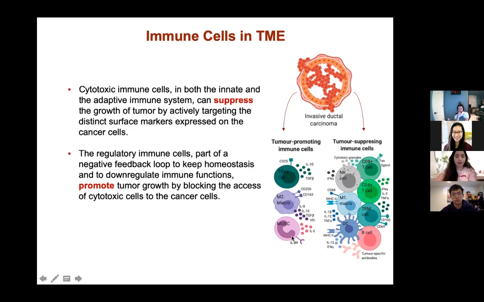So that we can see on this side, and they're part of the negative feedback loop to keep homeostasis and regulate the immune functions. But because of the unfair tilt of the balance within the tumor, they end up promoting tumor growth by blocking the access of these effector and cytotoxic cells to the cancer cells.